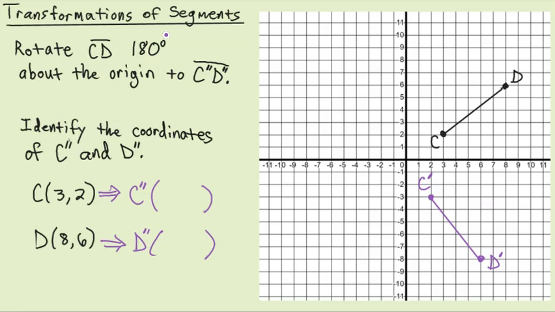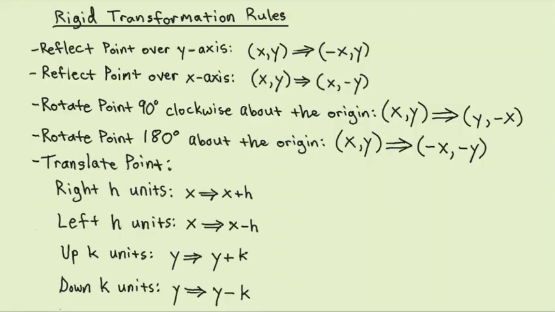A 180 degree rotation is the same circumstance whether you do clockwise or counterclockwise. Okay, and if we look back at the rules for a 180 degree rotation, you can see here to rotate 180 degrees about the origin, you take your coordinate x, y, and you just make the x negative.